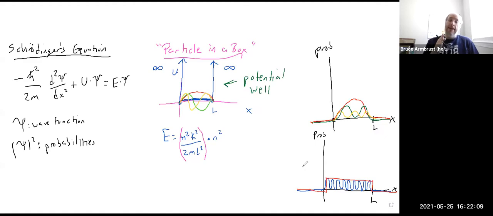And that's actually a good thing. I think we actually ran the numbers and figured out what kind of n we would need for a baseball between home and first, or home plate and the pitcher's mound. And remember, we found that n was incredibly large. It was like 10 to the 34 or something insane. So what that means is that the wave nature isn't defining where that baseball is, which is exactly what we need, because we don't see the wave nature.